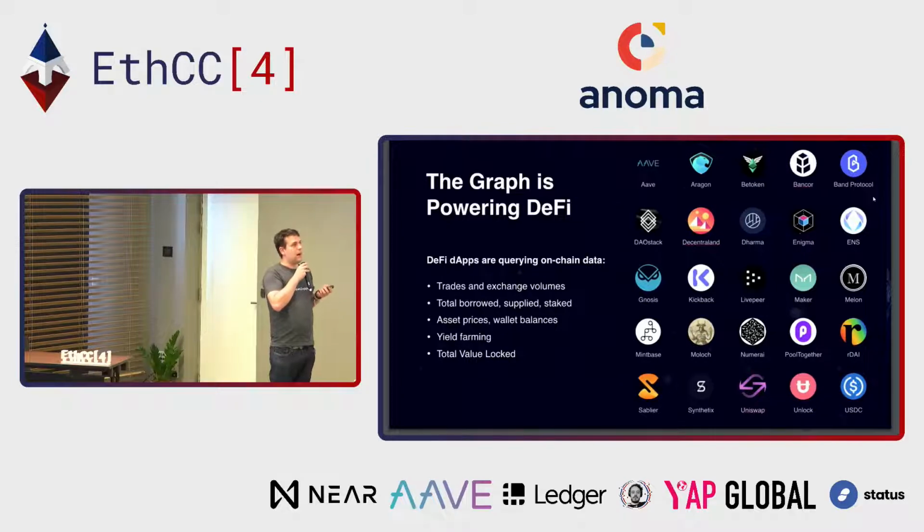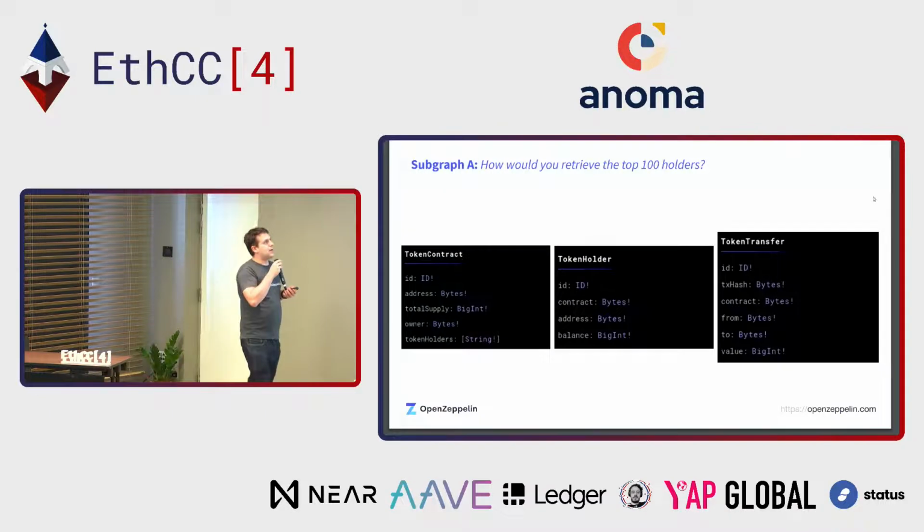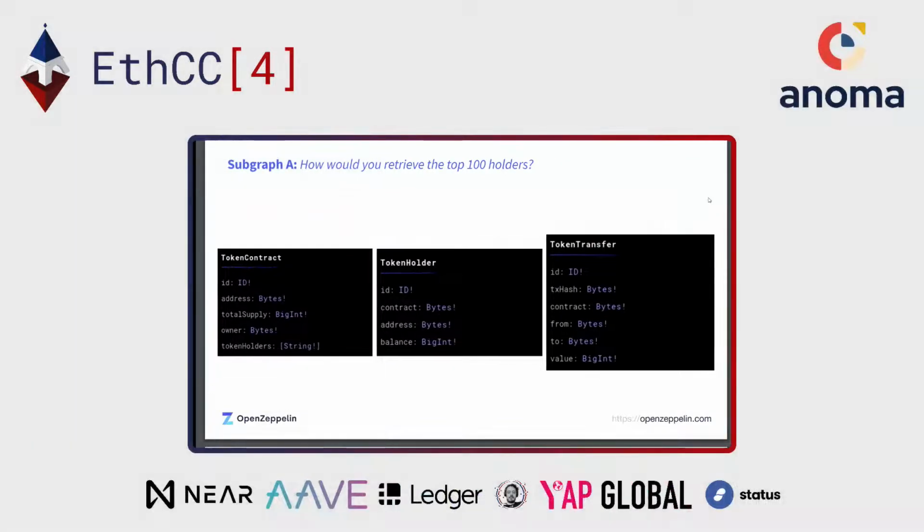There are a lot of subgraphs, but there are very different qualities of subgraphs. Here is an example of a subgraph that I found that is featured on the Legacy Explorer, where you see that it's about contracts, orders, and transfers. But when you look at what's actually inside the different entities, you don't have any links. Here you have an address, which is just bytes. The token holders are just strings. They are not actually token holders.